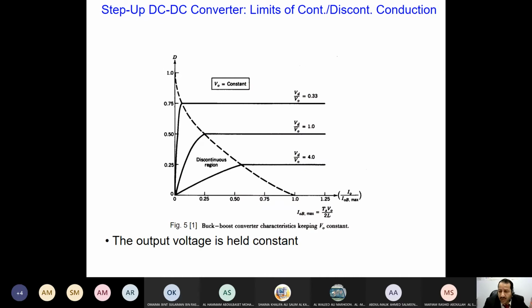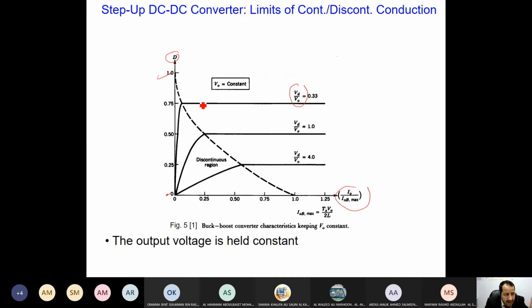In the same way, when we plot the relationship between normalized current and normalized voltage with respect to D, as you can see here, D changes from 0 to 1. This is the normalized current formula and normalized voltage.